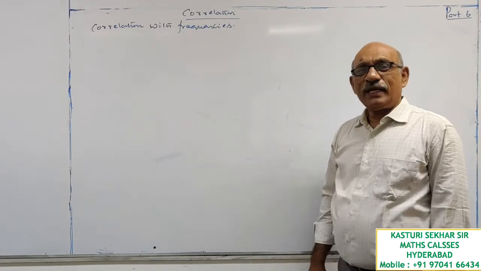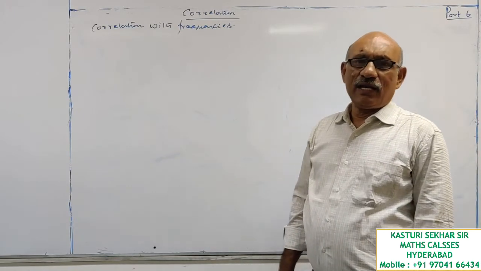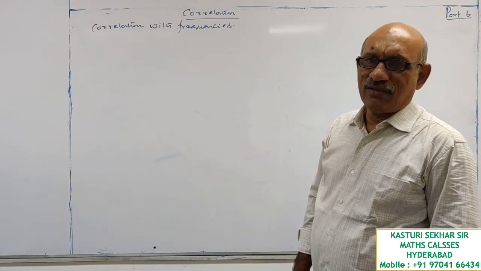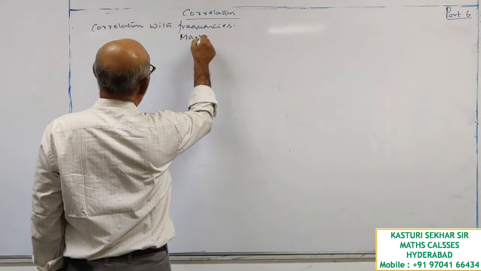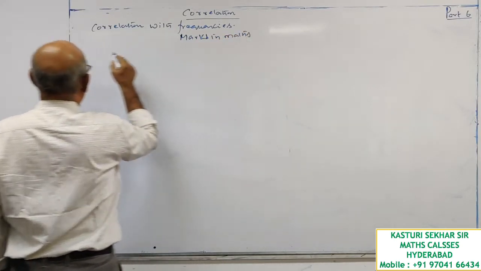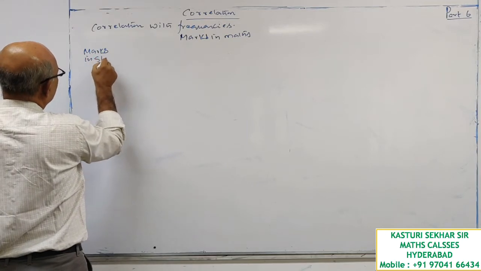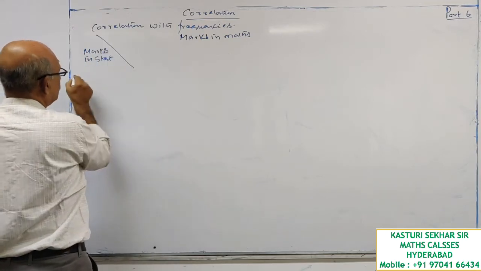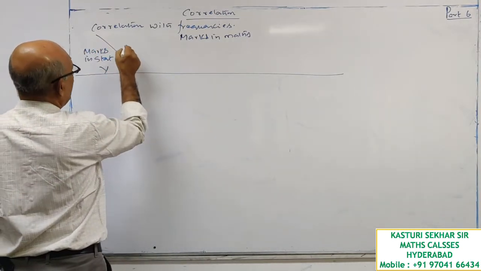Now, there is no practical problem based on this frequency table, but it is a theoretical concept. One or two problems you will get on theory. Look at this, marks in maths, marks in stat. Let us take this is y and this is x.